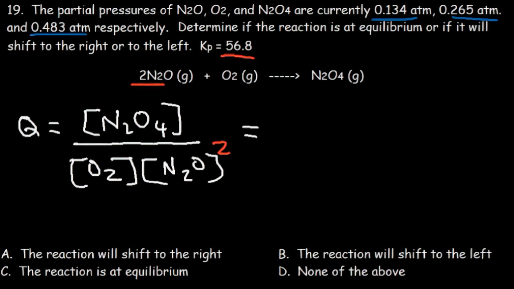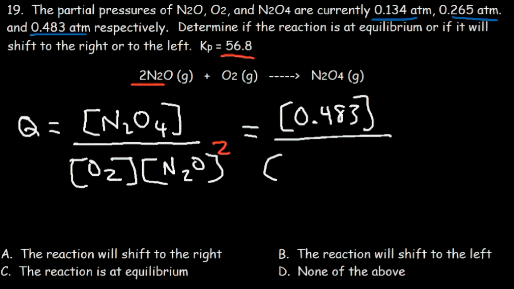So let's plug in the values. N2O4 has a value of 0.483, and for O2, the value is 0.265. And for N2O, it's 0.134 squared.